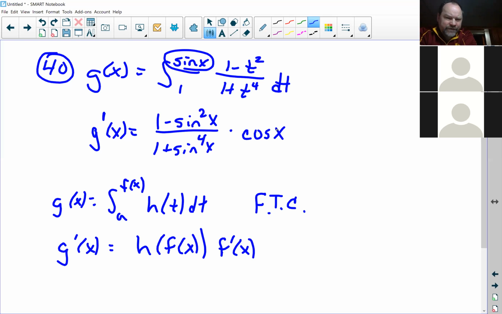And you could definitely leave it like that. Again, the answer key probably changed 1 minus sine squared. That's equivalent to cosine squared. And then we have a cosine here. So it might be written this way as well.